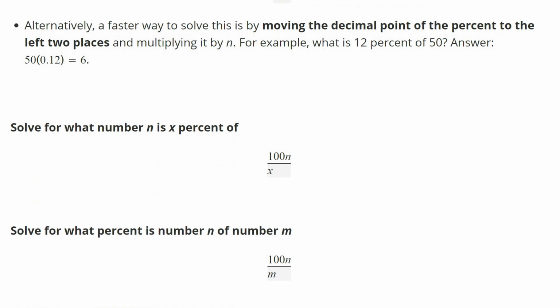So 5 is what percent of 13? Notice the number 13 came after the phrase percent of, so 13 must be in the denominator. It's not always that the bigger number is in the denominator, it's the number that comes after the phrase percent of. 12 as a percent of 5 would be 12 divided by 5.